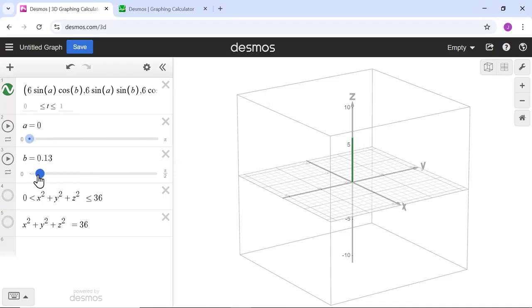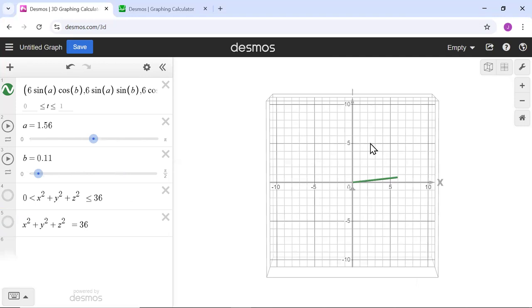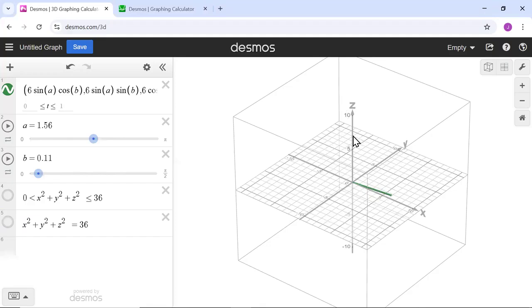If we go all the way around, then going from 0 to pi gives us each section of that sphere.